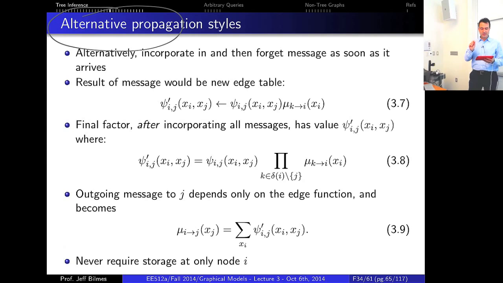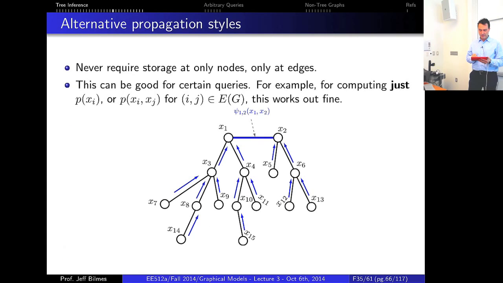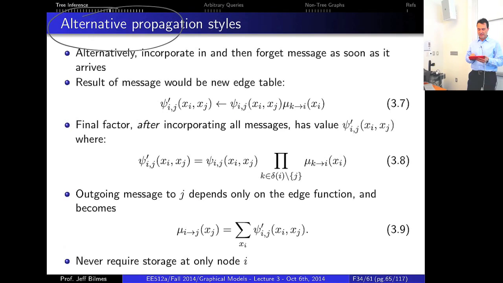But in addition to these kinds of messages, there are other message strategies that you can use that, for example, have various different trade-offs associated with their use. Like, for example, when you get sent a message mu of k to i, rather than just having it sit there as a separate array data structure sitting at that node xi, what you can do is actually go ahead and update the entire potential.